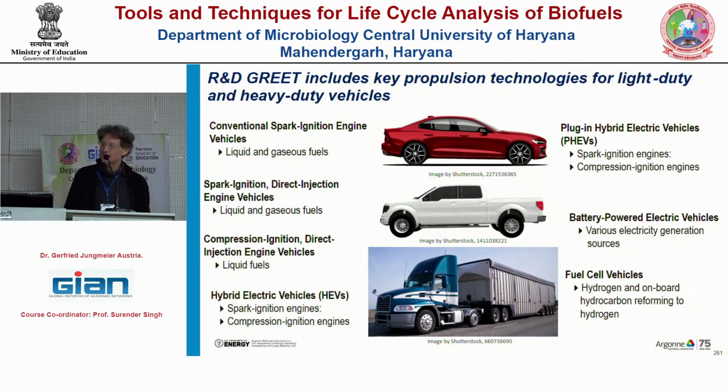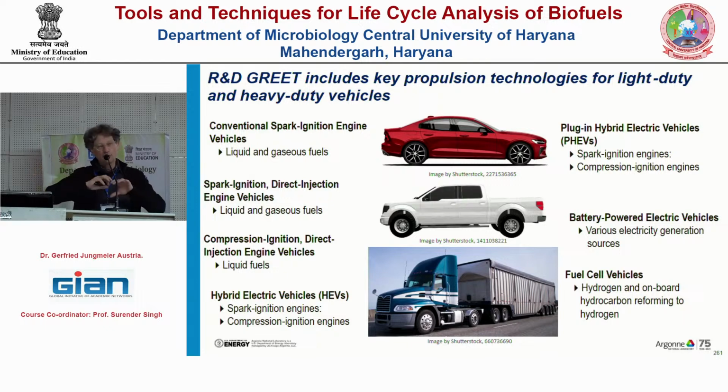It includes many different vehicle technologies. So all the vehicles, and if you deal with biofuel transportation fuels, of course, if you also include the vehicle, it is very nice, because then you can really compare different fuels, especially when you compare a bioethanol vehicle to an electric car.